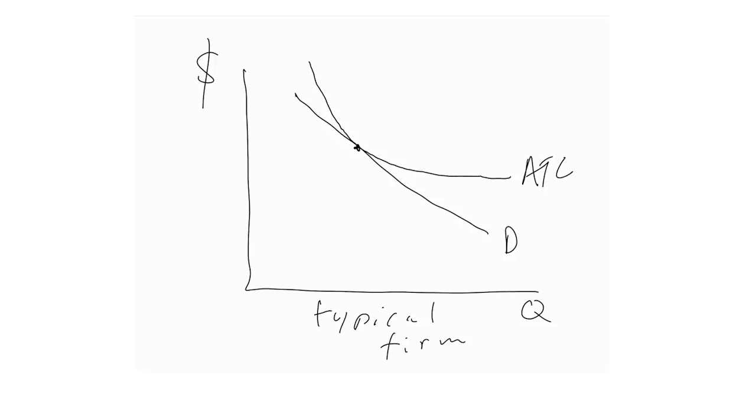We don't need to draw in the marginal revenue or the marginal cost curve to illustrate this, but they're simply behind the scenes. Now, with more competition, the demand curve will tend to shift. And it will shift reflecting the fact there's more competition in the industry. And so you could think of it shifting like this into a flatter curve. And as I've drawn it, this flatter curve has a tangency with the average total cost curve at that point.